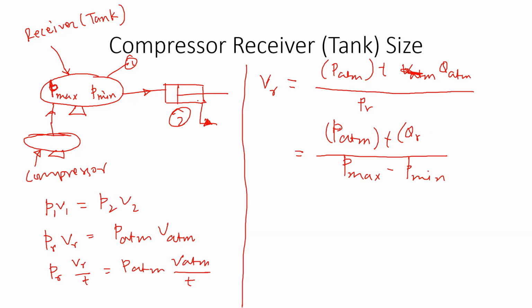So this system is drawing gas at a rate of QR from here, and if the compressor is still running and pressurizing the system and providing QC, the rate of consumption would be something like this.